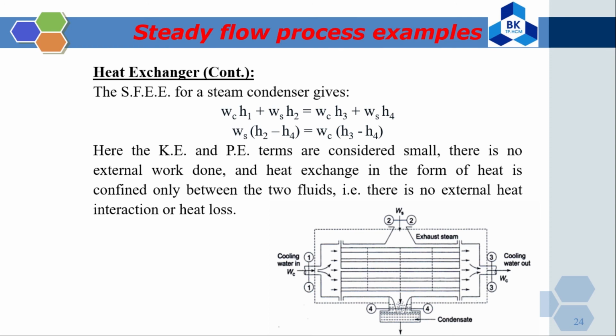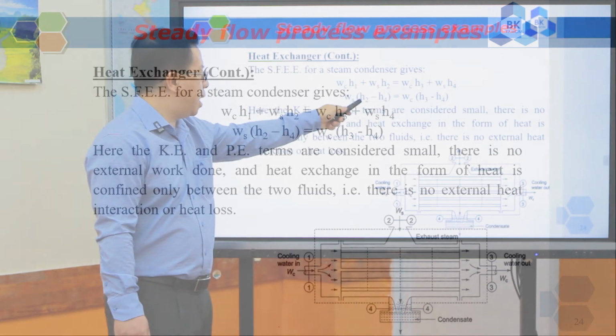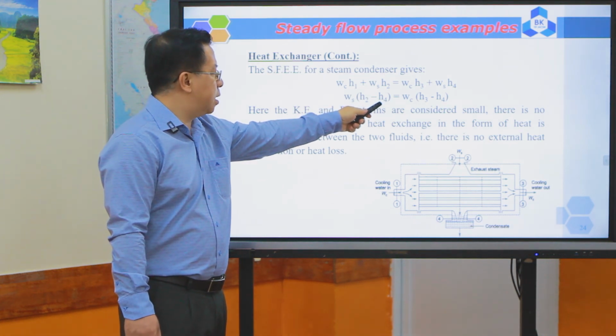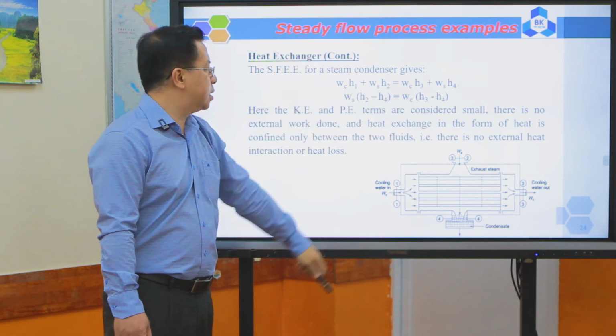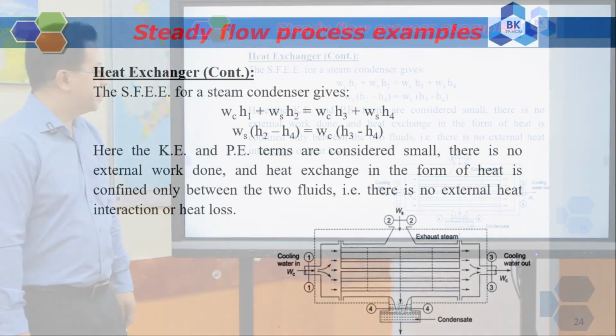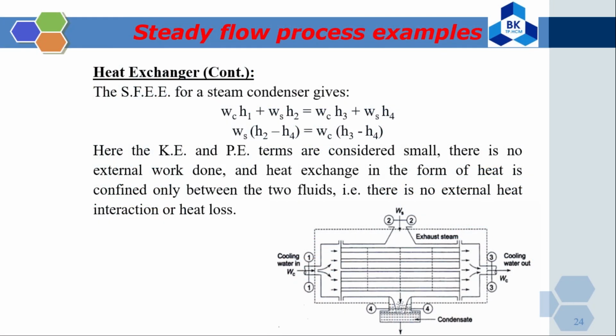So we get Ws times H2 minus H4 equal to Wc times H3 minus H1. All right. So this is about the application of the first law of thermodynamics for steady flow, with different examples.